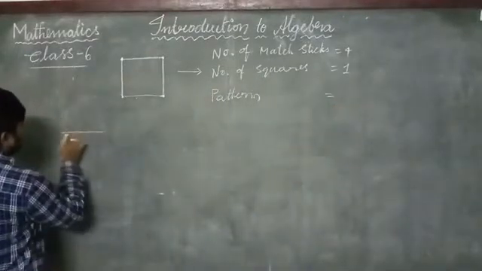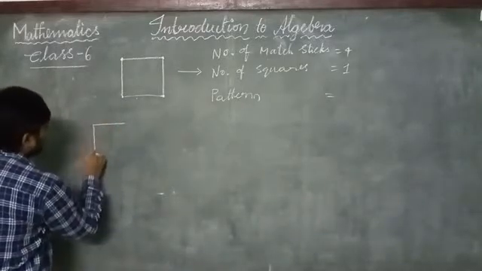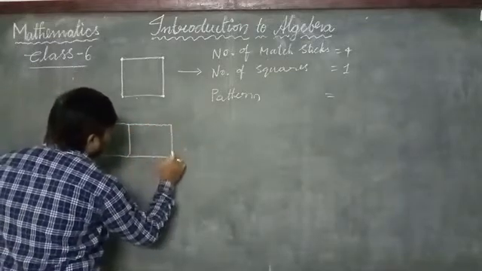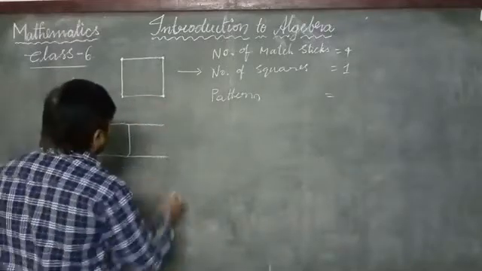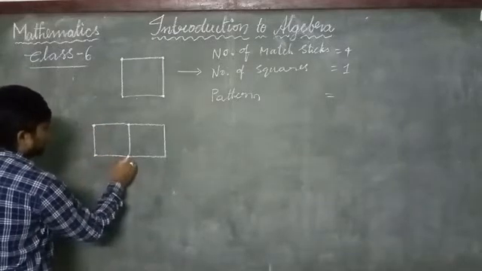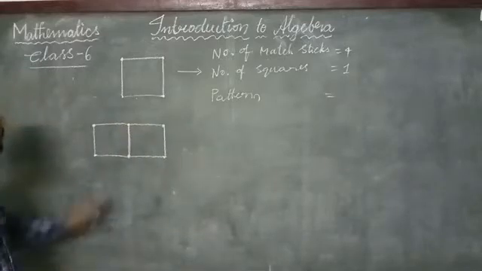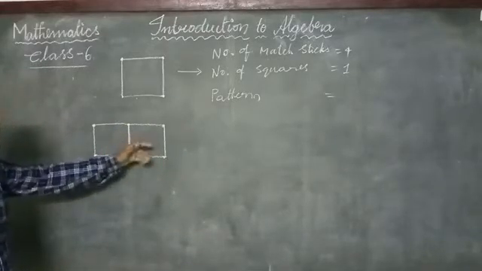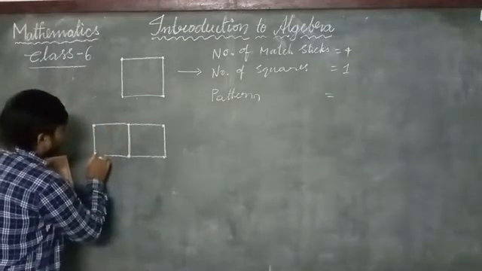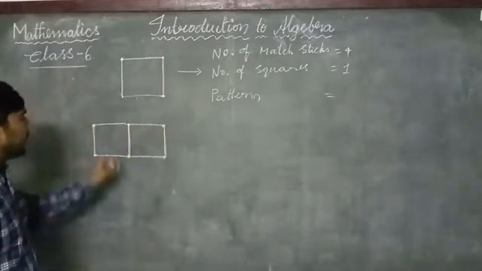Now let us see the attached squares. In this figure there are 2 squares, but here the middle matchstick is common to both squares. Then how many matchsticks are required? Here 1, 2, 3, 4, 5, 6, again 7.